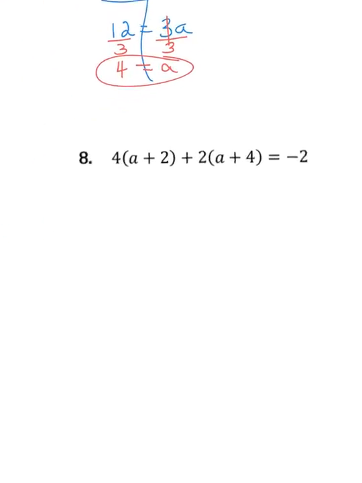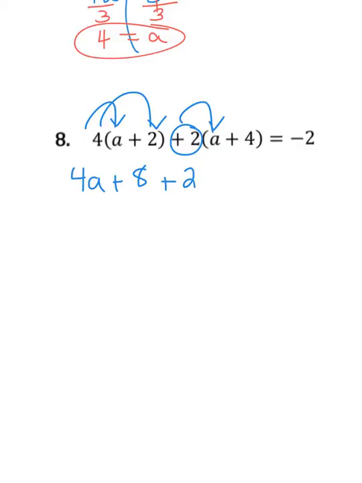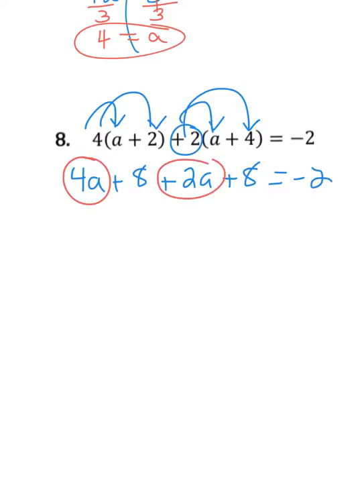All right, here we go. 4 times a, 4a, I'm distributing. 4 times 2 plus 8. Positive 2 times a is plus 2a. Positive 2 times 4 is plus 8 equals negative 2. And now I take this 4a and I add another a to it.